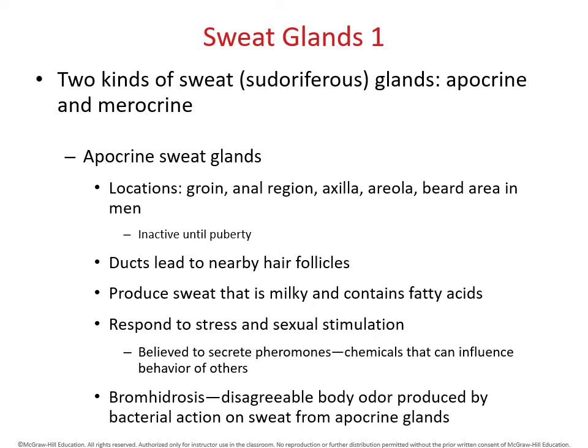We have our apocrine gland on this particular slide. These are the glands that we associate more with our groin, axilla, which is the armpit, areolar, beard area in men, or anal region. Now, these sweat glands will produce more of a milky secretion that is full of fatty acids, so it's not necessarily a wet, transparent secretion.